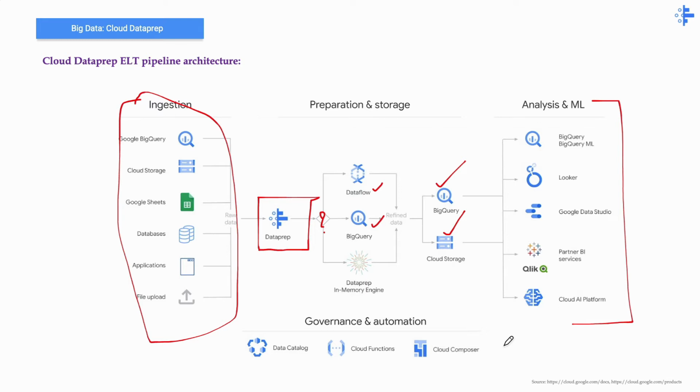Taking this whole holistic view of any ELT, extraction, load, and transform pipeline architecture, Dataprep sits between raw data and your execution engine, which will process that data. That execution engine decision is made based on the characteristics of that data, and this is where Dataprep helps you.